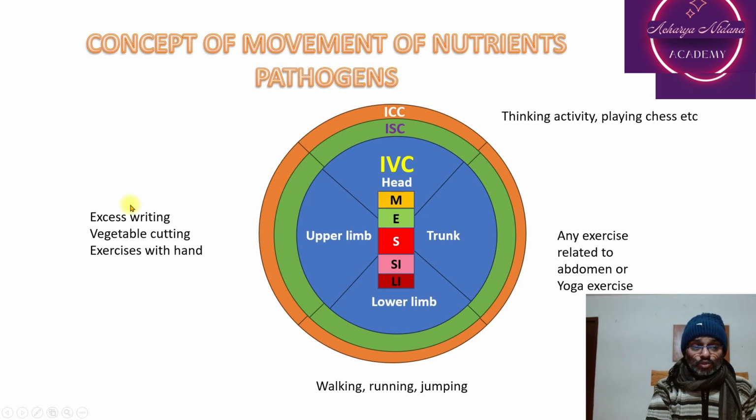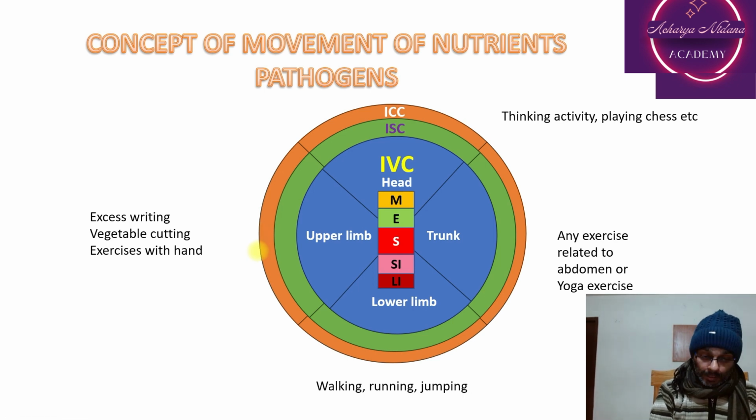When a person is doing more writing, or more vegetable cutting in the case of cooks, or more exercises with the hand, that will be responsible for the increased movement of pathogens from the stomach to the intravascular compartment of the upper limb. From there it will enter the interstitial compartment of the upper limb. From there it will enter the intracellular compartment of the upper limb.